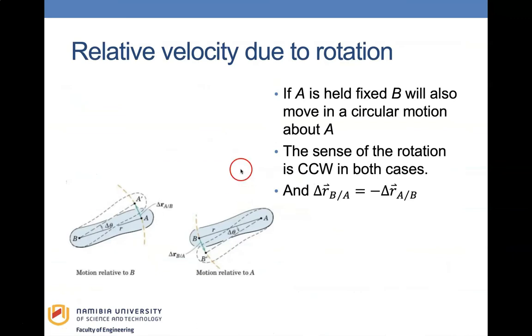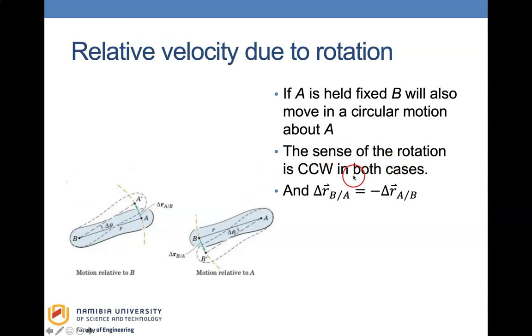So if A is held fixed, B will also move in a circular motion about A. The very important point to note is that in rigid body dynamics, once you start considering one point with respect to another point within the rigid body, the movement of the moving point with respect to the fixed point will always be in a circular form.